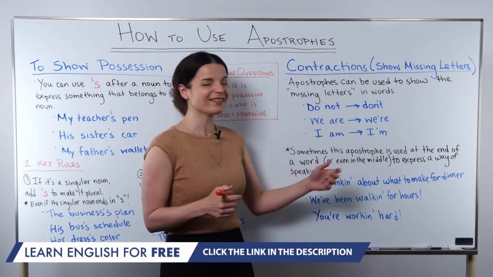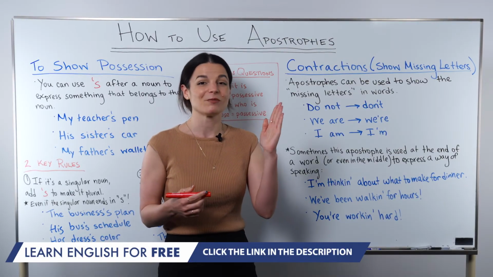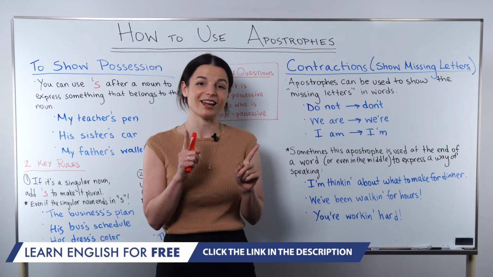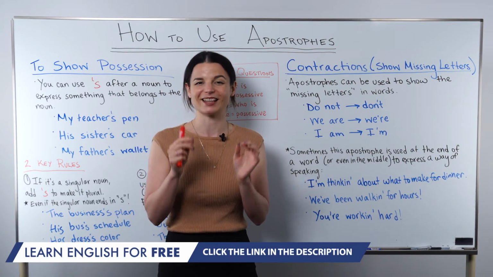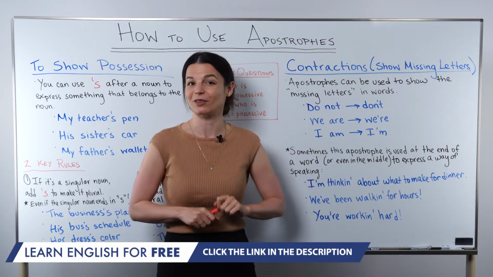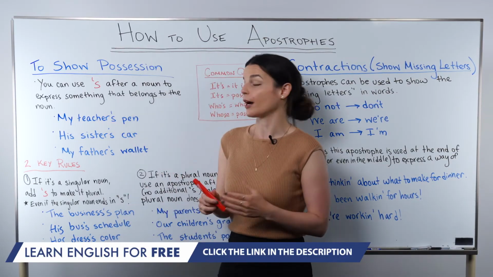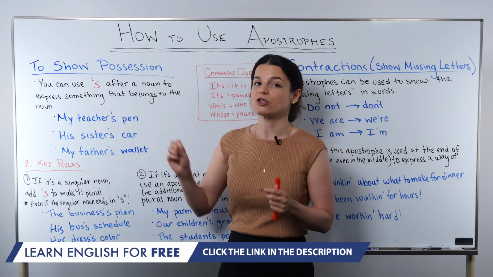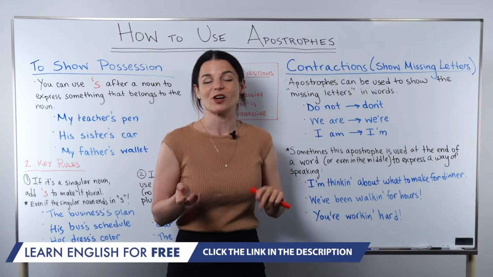And as I said, you might see it in the middle, I suppose, in certain places. You might even see it at the very beginning of a word, but that's an indicator, that's a sign that someone has cut off usually like a letter or something like that, a very small sound, and they're showing that with the apostrophe. Okay, great. So those are the two key points that I want to talk about for this lesson. We use apostrophes to show possession, and we use apostrophes for contractions to show missing letters.